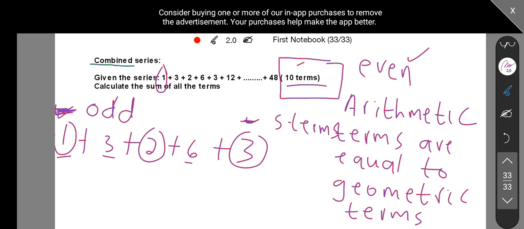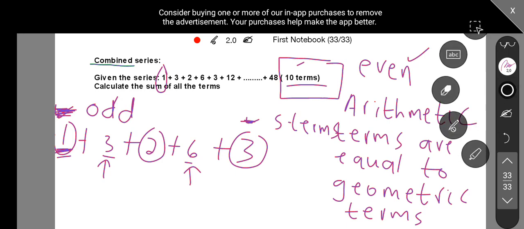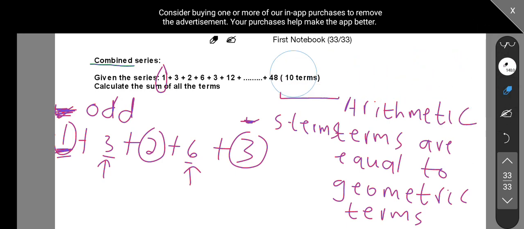I hope you understand. Because the arithmetic is the one which is starting the series, it will take the lead, will overpower the geometric part by 1. So we have 3 terms of arithmetic and 2 terms of geometric. I hope this is clear to everyone.